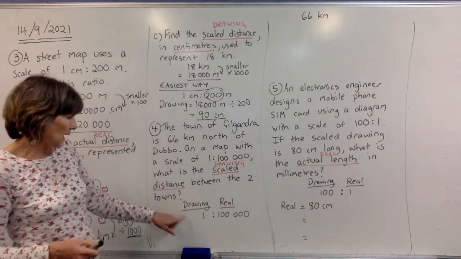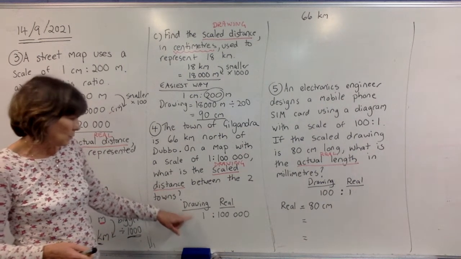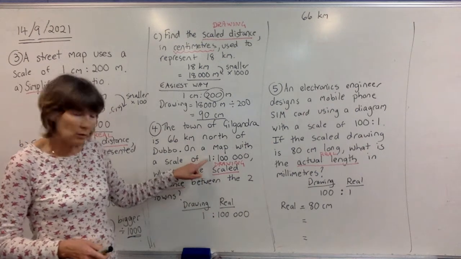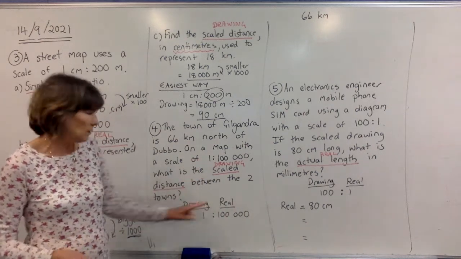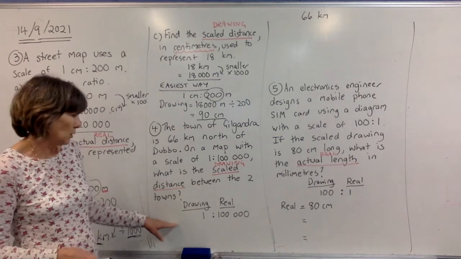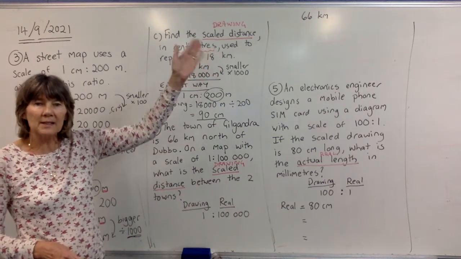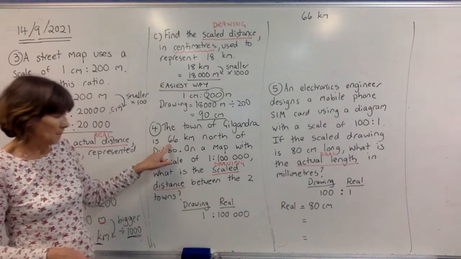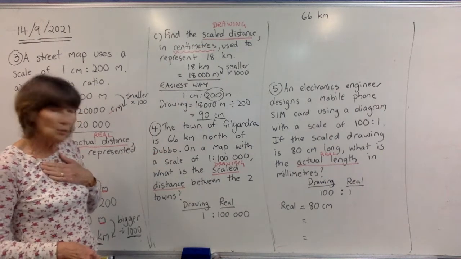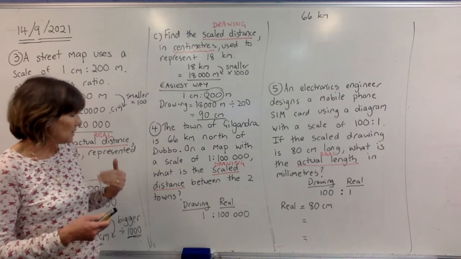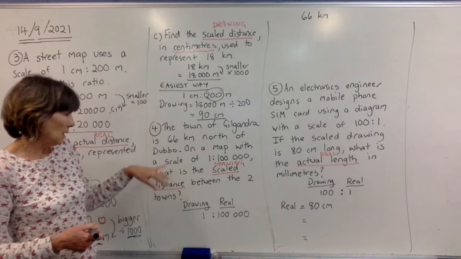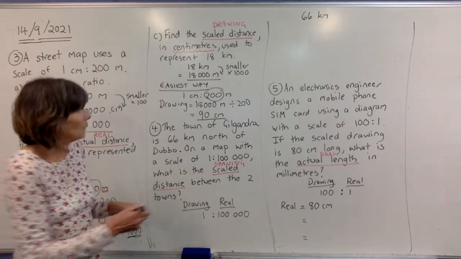Okay, so our scale that we're using is 1 to 100,000, like they told us. So it's drawing to real. Always write that down, it helps. Then we're going to take the number they've given us up the top there, 66 kilometres. And what do we need to do here? How do we get this down to be a drawing measurement?